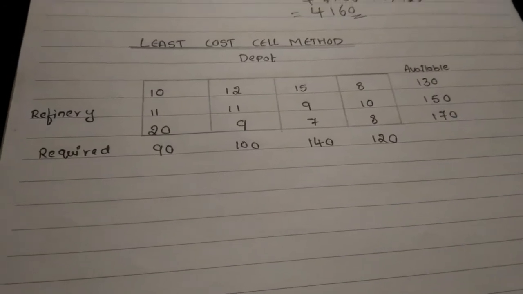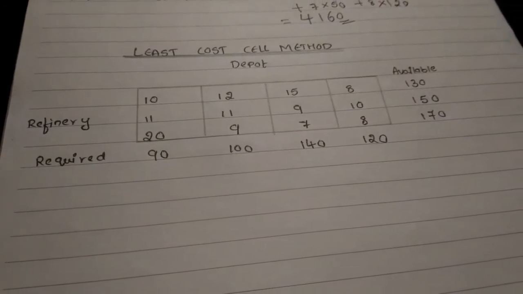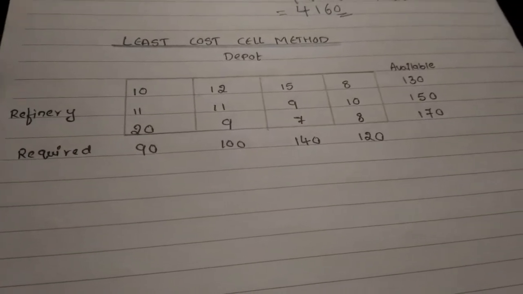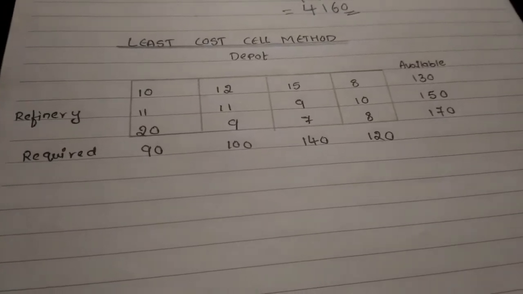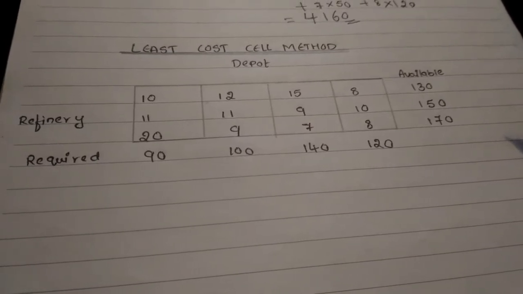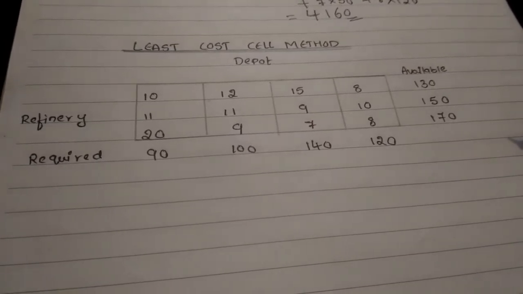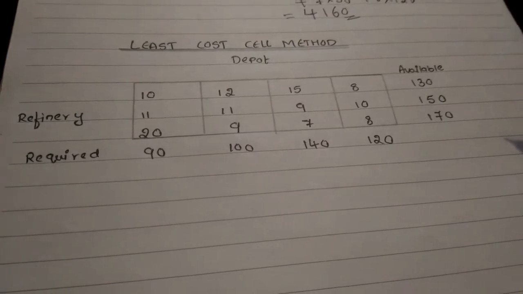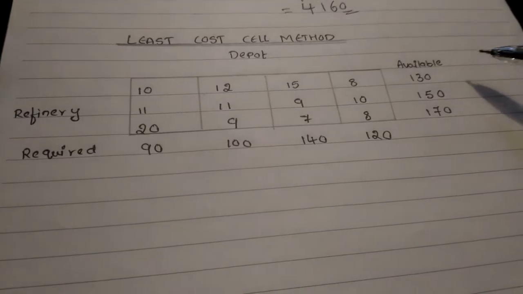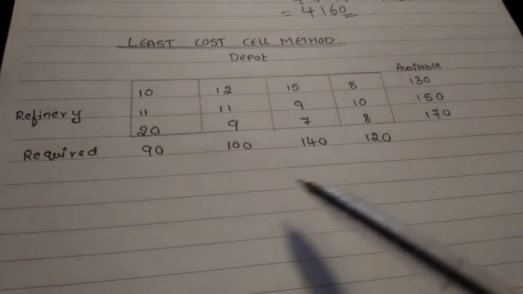Now let us apply the least cost cell method for the same transportation problem. As usual, before we start applying the least cost cell method to find the initial basic feasible solution, let us first check if the given transportation problem is balanced. To check the balance, sum the availability and the required.